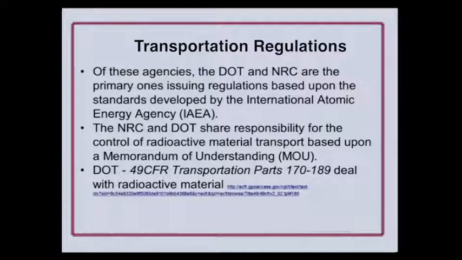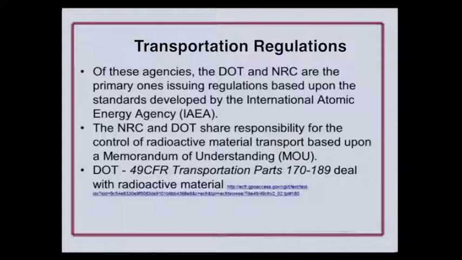You can see DOT 49 CFR, that's the reg, and we're going to spend a lot of time on it. It's called transportation. It has several parts. The parts specific to radioactive material are 170, it says 189 through 189, but there are regulations out there, but 170 probably to 178, I think is where most of it is.